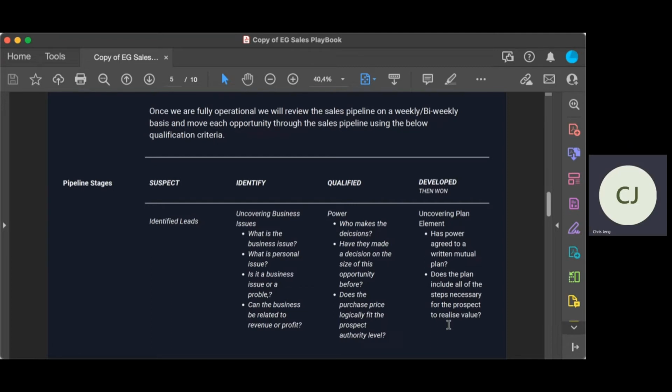Now, again, following the value selling process, we tend to ask various different questions throughout. If it's identified, we'll go in and ask these questions to understand what the real business issue is. Once we take the opportunity to qualified, we want to understand the power. And once it's developed, we want to understand the plan elements.